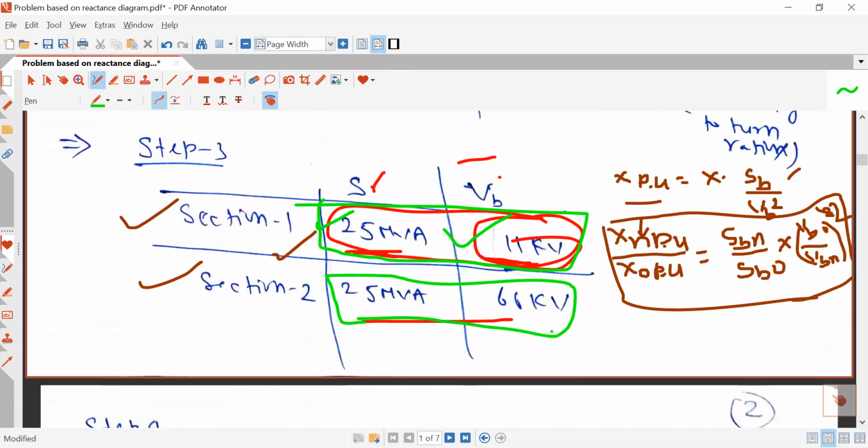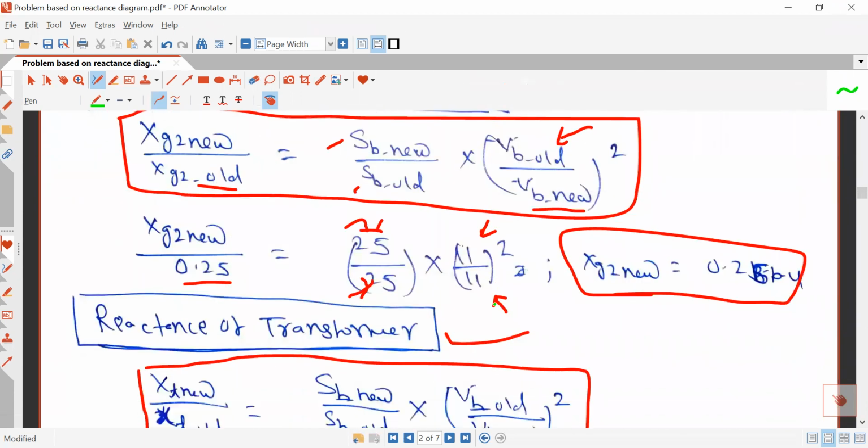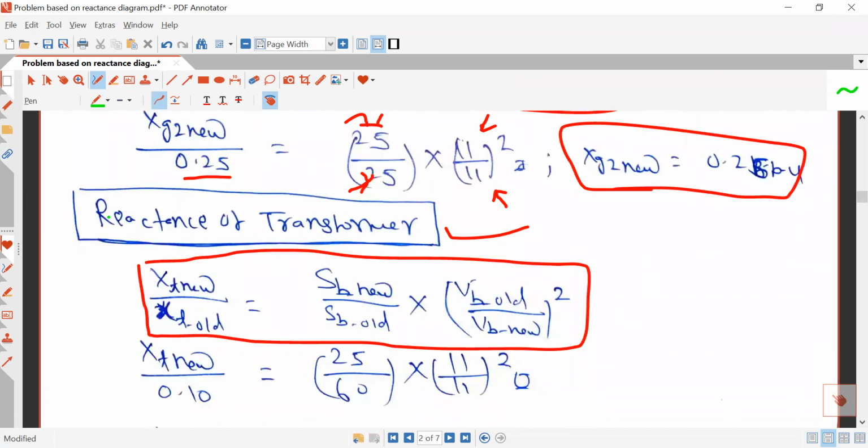When we calculate the reactance of the transformer at the new value, I will use the same formula. Here SB new is 25 MVA because I have considered the transformer in section 1. And SB old is the rating of the transformer which is given in the block diagram.